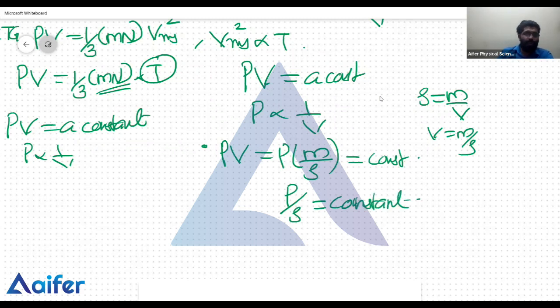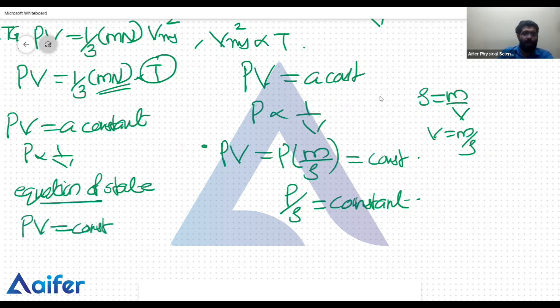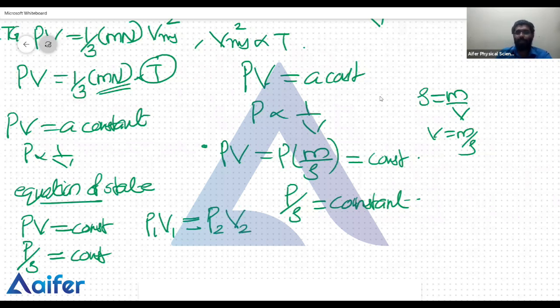So for the equation of state, you can write PV equal to constant as well as P by rho equal to constant. Which means if you put a gas in a container at a given temperature, its pressure may change and volume may change, provided P1 V1 equal to P2 V2, or you can say P1 by rho 1 equal to P2 by rho 2. So this is the equation of state.